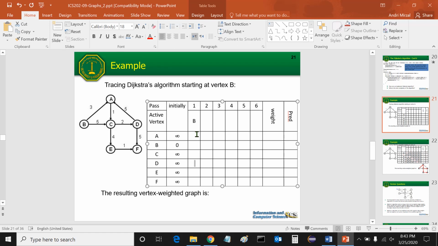Okay, that's why let's fill in B to A. B to A, you can see that the weight is 3. Okay, that's why you insert 3. Okay, B to A is 3.